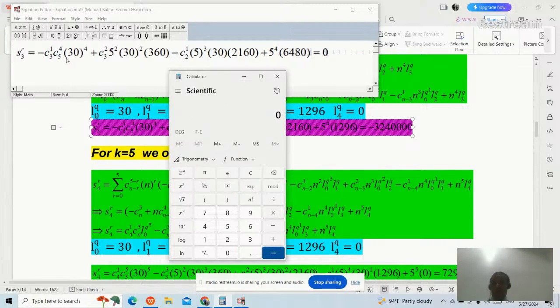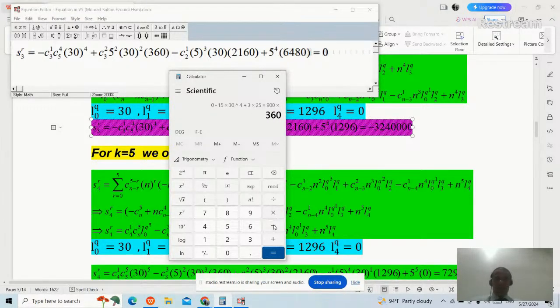I will just make it -3 times 5, is -15, times 30 raised to the power 4. Then plus 3 times 25 times 900 because 30 squared times 360.